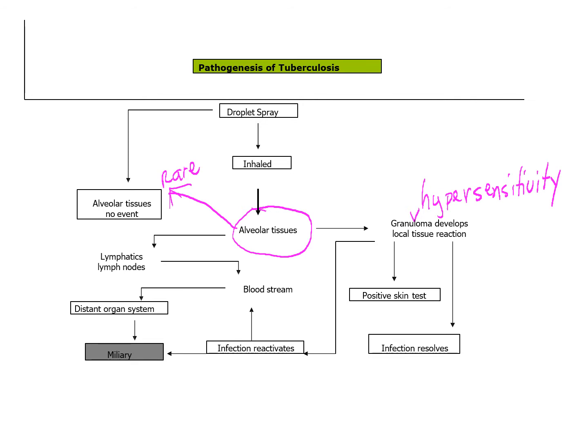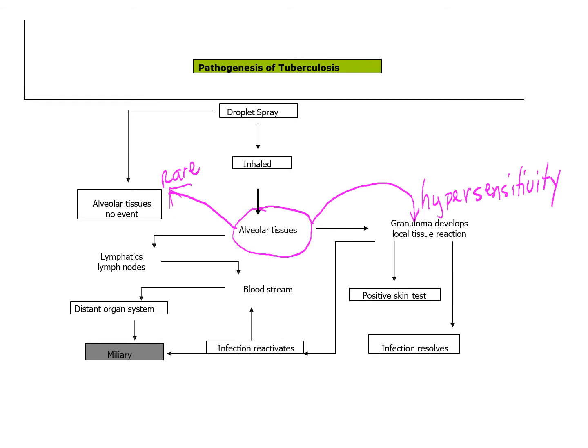Because the pathologic features of TB are the result of a hypersensitivity reaction to mycobacterial antigen, in many exposed individuals, the immune system does not initially eliminate the bacteria.